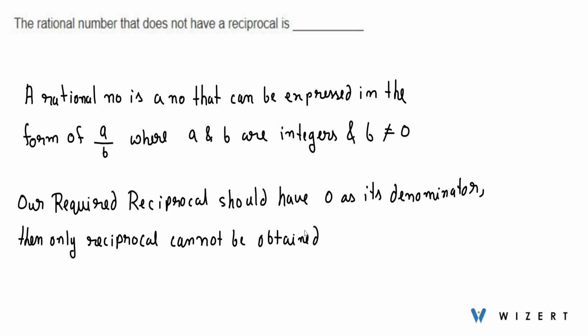Now, since the reciprocal of the required number has 0 as its denominator, therefore the original number should have 0 as its numerator.